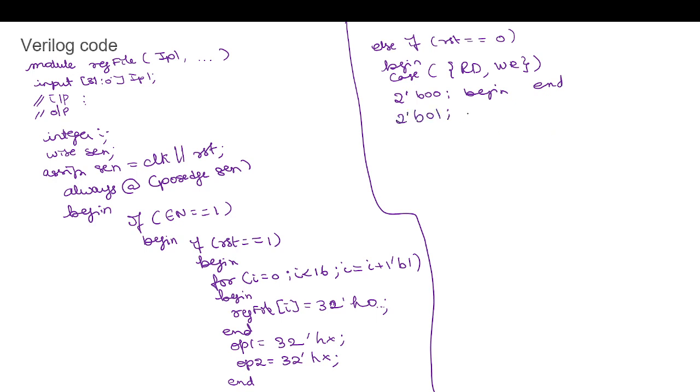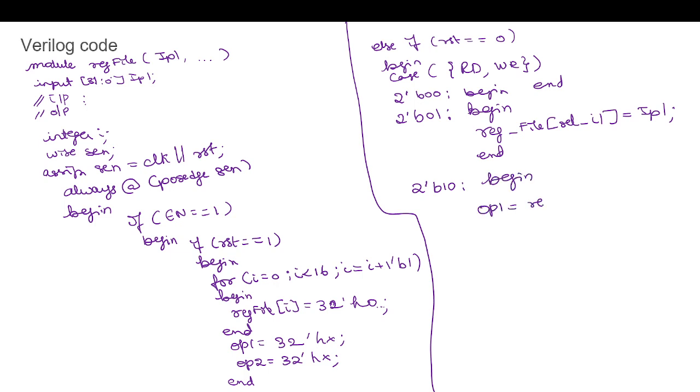And then 01, the register of this I1 is assigned to OP1. Then 10, this is begin, and then OP1 is this address, which will be in select 01.